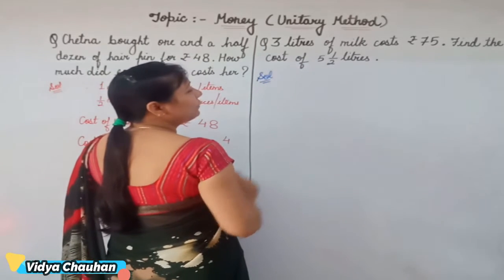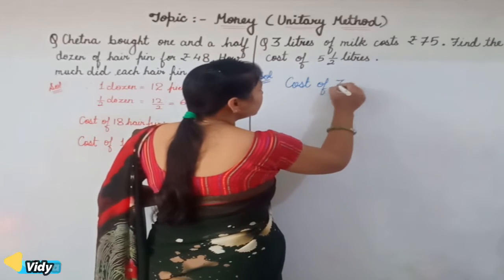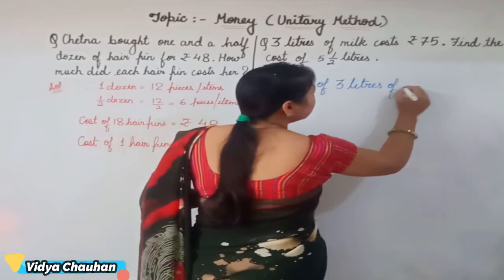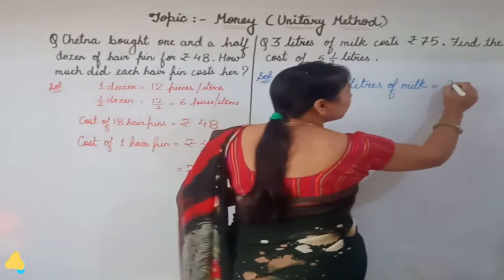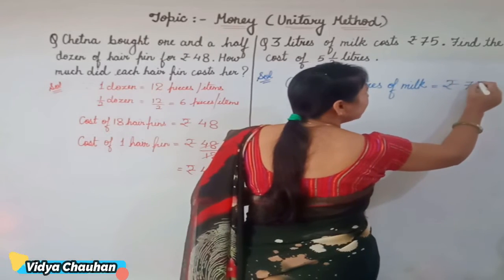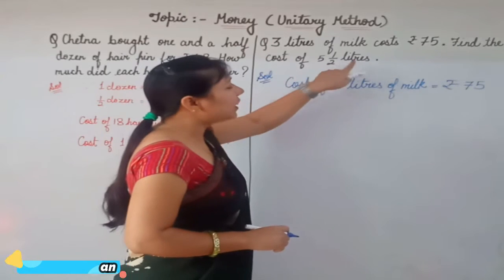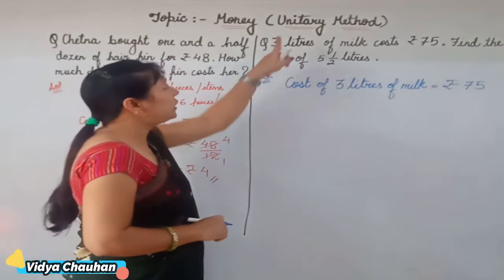The first statement will be: cost of 3 liters of milk is rupees 75. Now, since you have to find the cost of 5.5 liters of milk, as I told you, we will be using the unitary method.